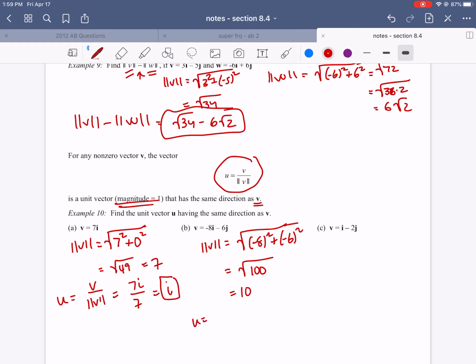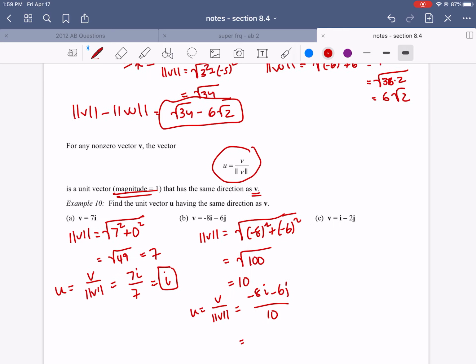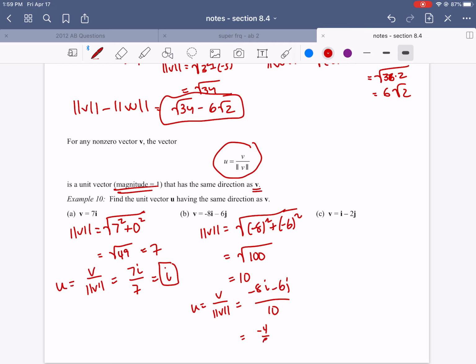Therefore, my unit vector, which is v divided by the magnitude of v, will be negative 8i minus 6j divided by 10. We do want to simplify that by splitting through the numerator like we normally do. Negative 8 divided by 10 reduces to negative 4/5 multiplied by i, and negative 6 over 10 reduces to negative 3 over 5 multiplied by j.